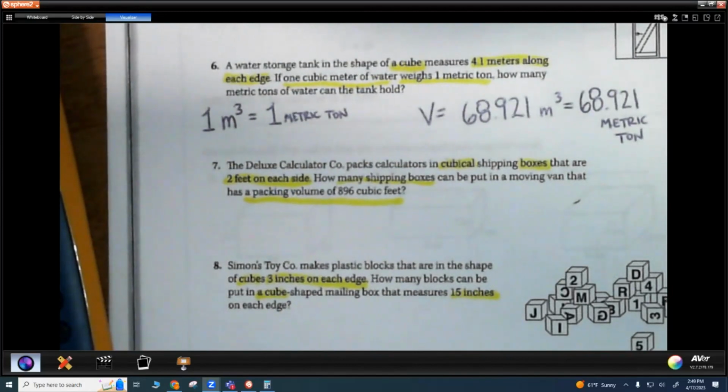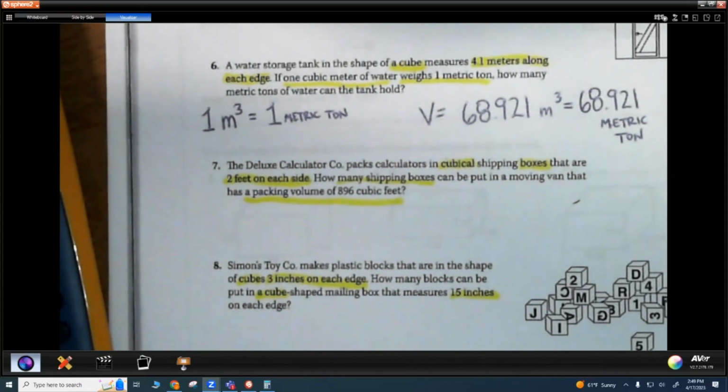Okay, so then number 7. The deluxe calculator company packs calculators in cubical shipping boxes that are 2 feet on each side. How many shipping boxes can be put in a moving van that has a packing volume of 896 cubic feet? Well, in theory, it's 112 calculators.